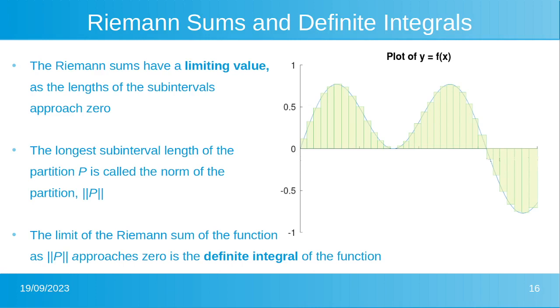The limit of the Riemann sum of the function as the norm of the partition approaches 0, as the length of the longest subinterval approaches 0, that is the definite integral of the function. So just to reiterate that, the limit of the Riemann sum as the norm of the partition approaches 0 is the definite integral of the function.